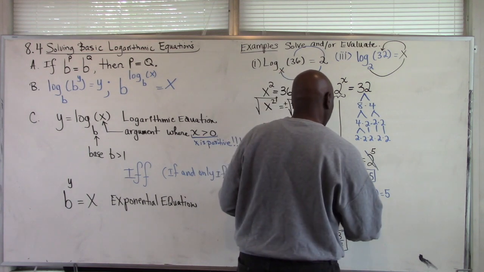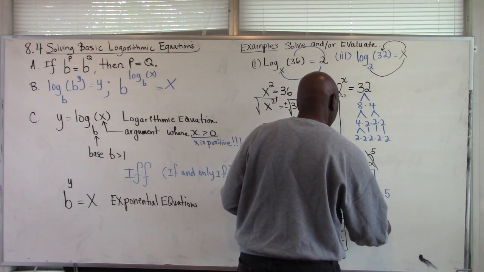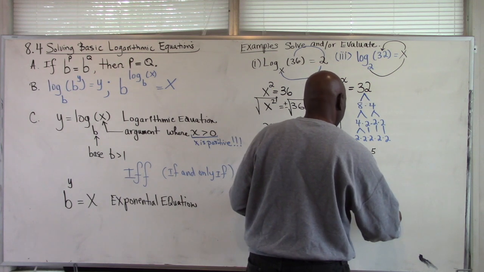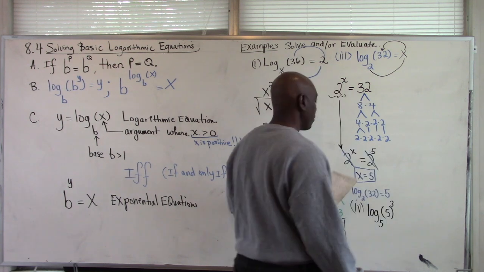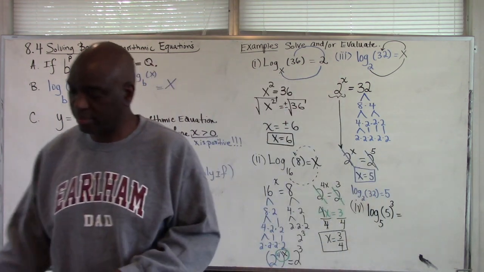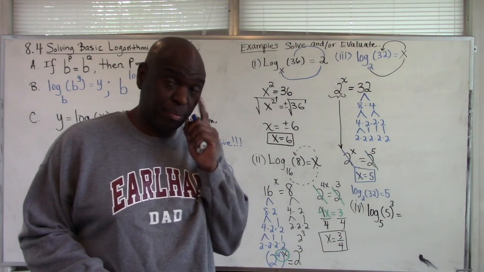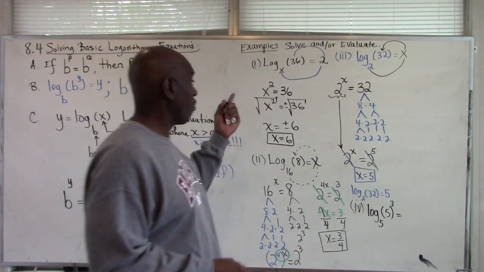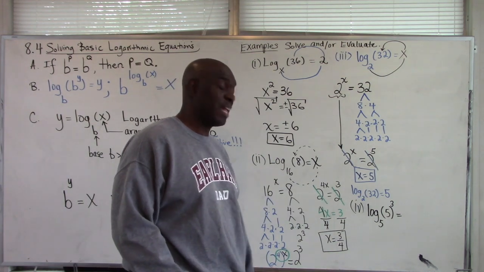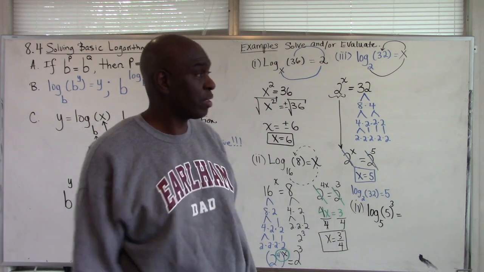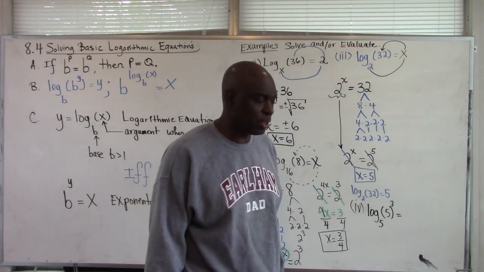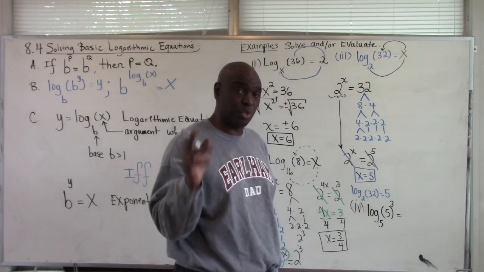Let's take a look at log base 5 of 5 cubed. What is that? Guess what? This is another evaluate. It's not solve because there's no x or y. There's no variable there unless you put one there. If you put one there, we can do it. If you don't, we can still do it.